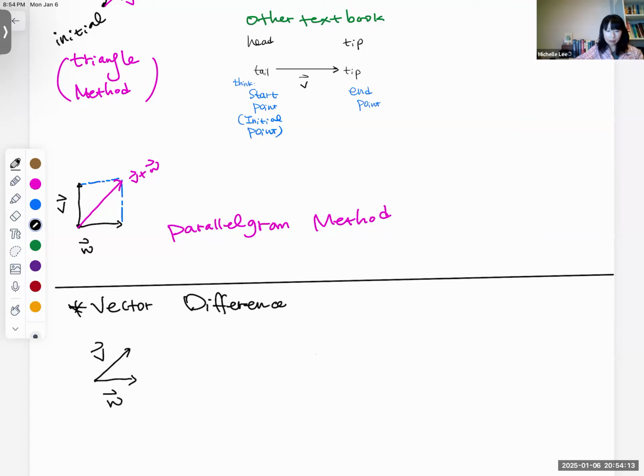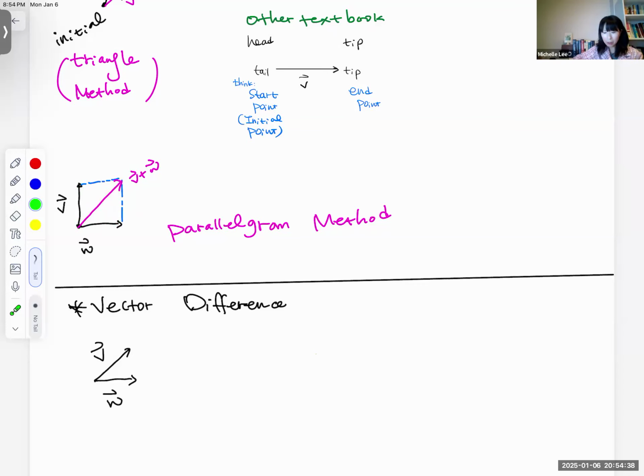I'm using the pointer here. Can you see that we have a shared initial point right here? If we want to make an addition, we use the diagonal to make a parallelogram, right?